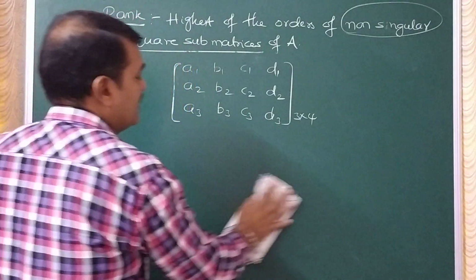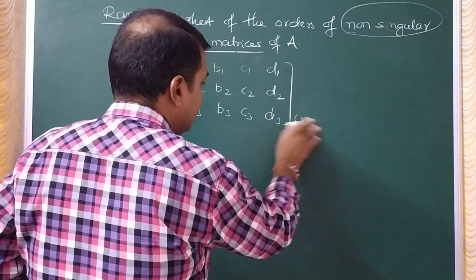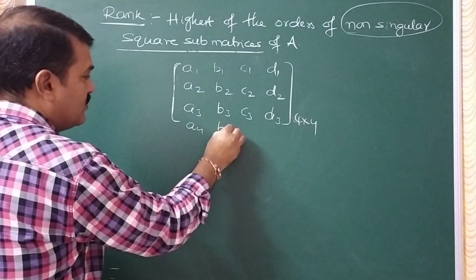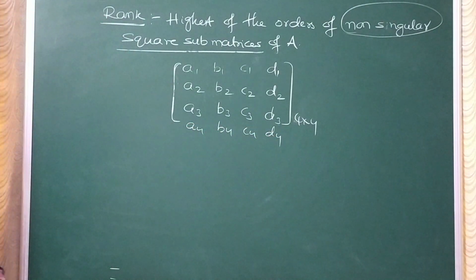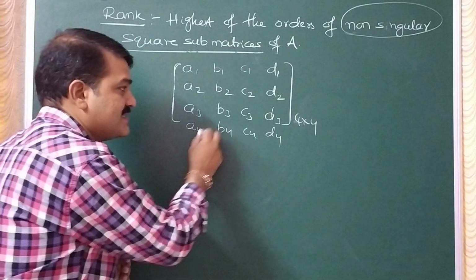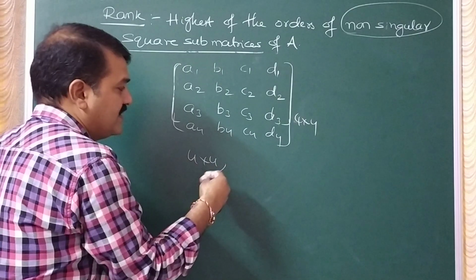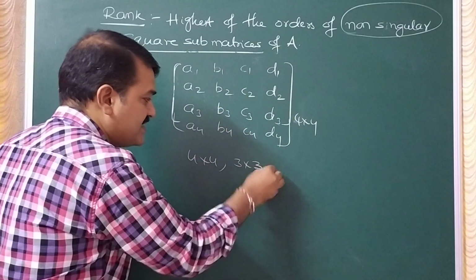For example, you are given a 4 cross 4 matrix. So one more row I will add. Then what are the possible square submatrices? The matrix itself will be a submatrix. By removing one row, one column, you will get 3 by 3 submatrices.